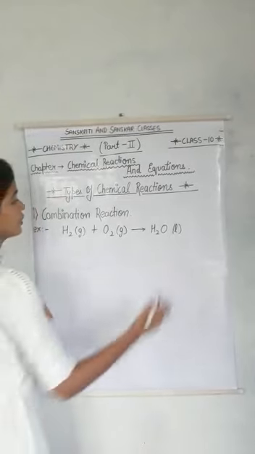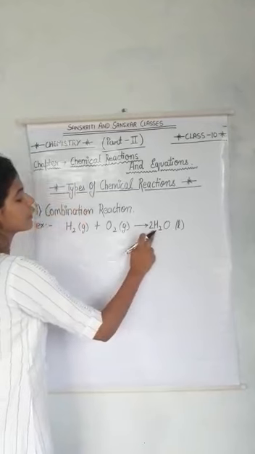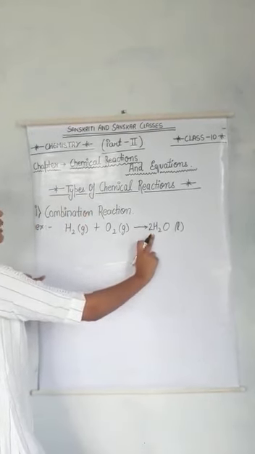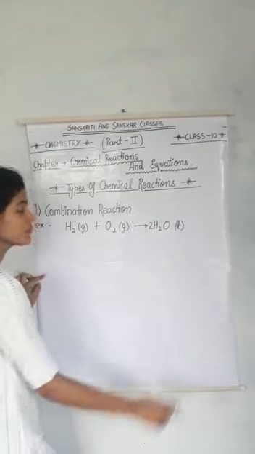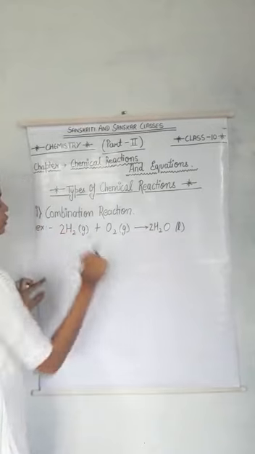So we put 2 over here. 2 2s are 4. Now on the product side there are 4 atoms of hydrogen and 2 atoms of oxygen. Now we will put 2 over here also.